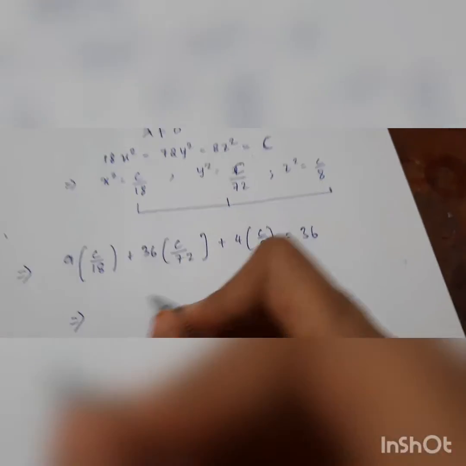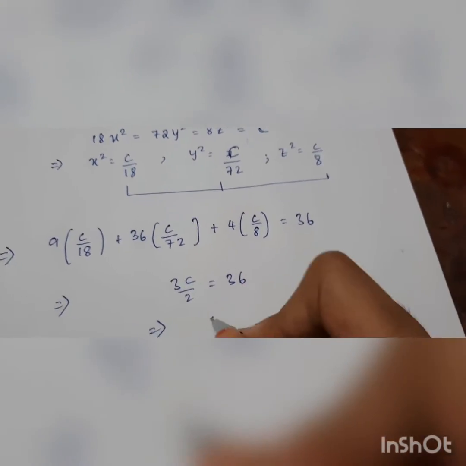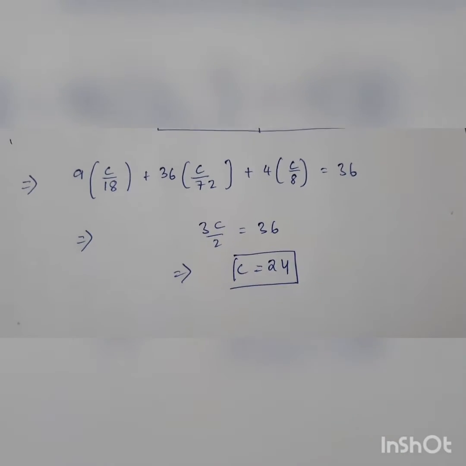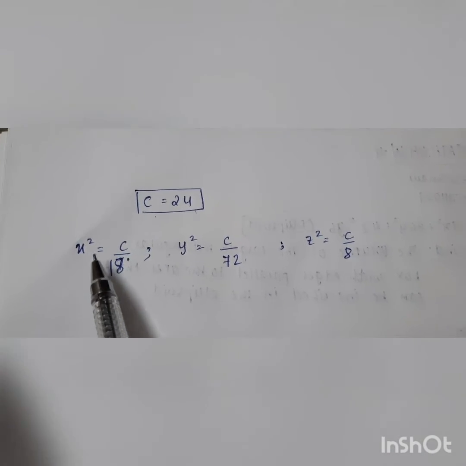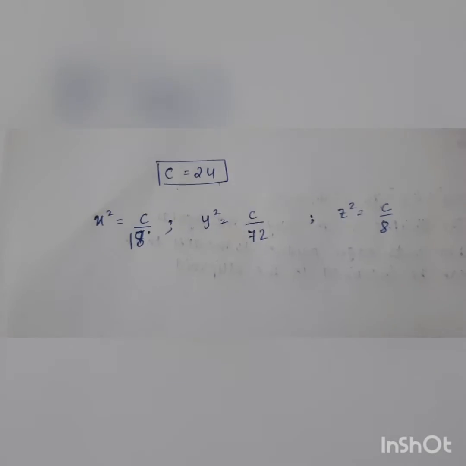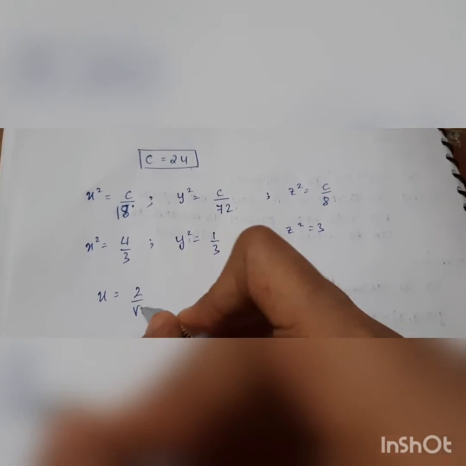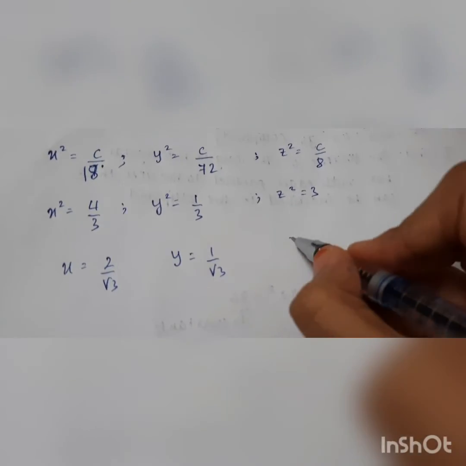So that would give us 3c by 2 is equal to 36. That implies c is equal to 24. Now as we know the value of c and x², y², z² in the form of c, we get x as 2 by root 3, y as 1 by root 3 and z as root 3.